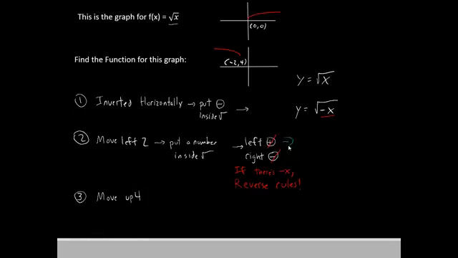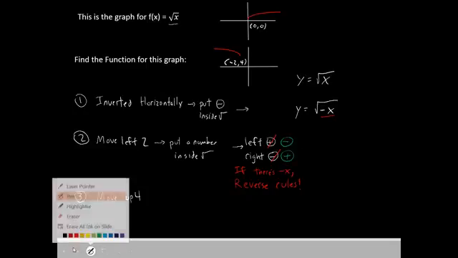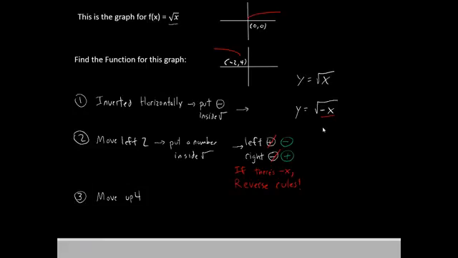Left is now negative and right is now positive. That being said, let's try to write the new function. Again, we're trying to move left by 2. And this time left is negative because the negative x changed the rules. So we now have y equals root negative x minus 2 for our function.